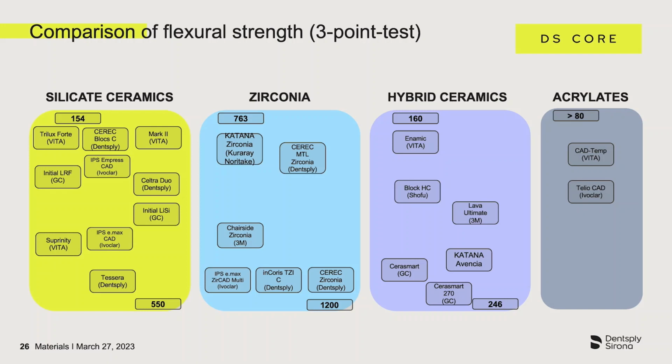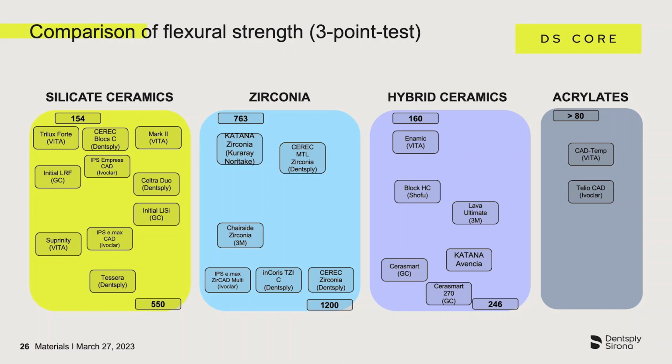In the group of silicate ceramics, the feldspar ceramics form a unit. Examples of materials are Trilux Forte and Mark II from Vita and Ceric blocks from Dentsply Sirona.